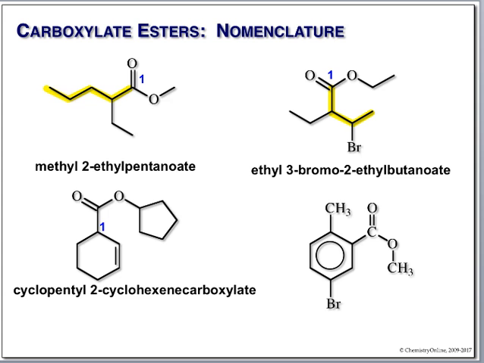And our last one, go ahead and quickly jot down the name as a derivative of benzoic acid. Remember in your name, the alcohol will come first. So it will be a methyl.